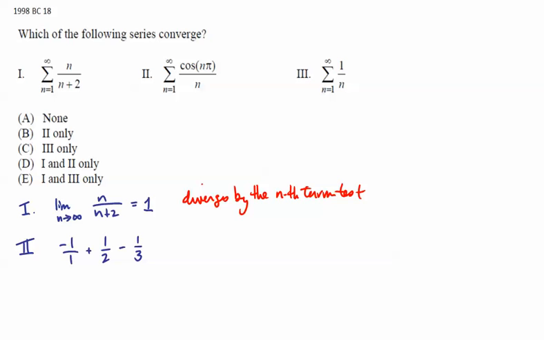And you can see from this that this is becoming the alternating harmonic series. The signs are slightly off. We're starting with a negative instead of a positive, but it converges by the alternating series test. That's one way of looking at it.